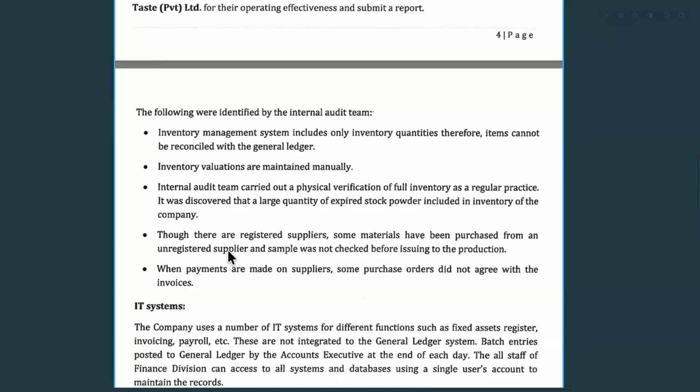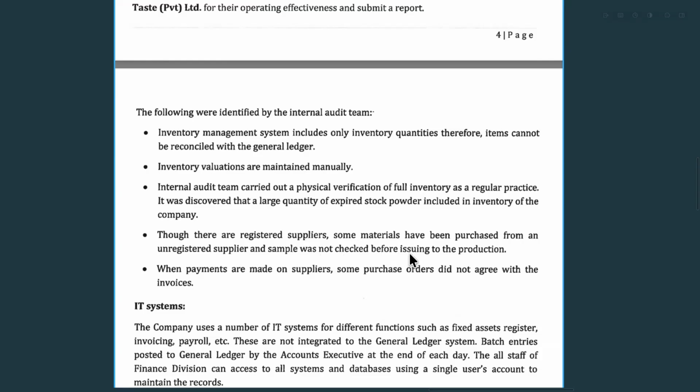The system should only allow us to purchase from the registered suppliers. But we have registered suppliers, so the system is there, the control is there, but some materials have been purchased from an unregistered supplier, meaning it's not followed, it's not applied by the people. That is a significant deficiency.